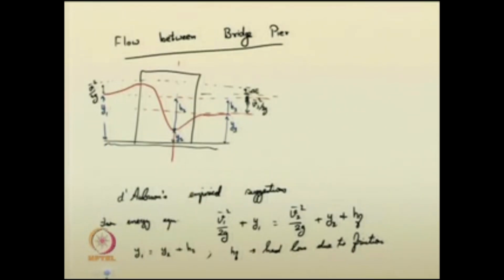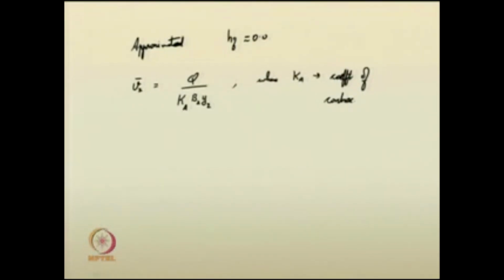With h f equal to 0, he came up with a suggestion that the velocity at section 2 2 can be given as Q by K A B 2 into y 2, where K A is the coefficient of contraction. So, he came up with this particular suggestion.